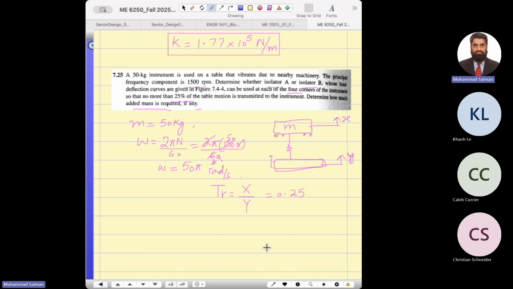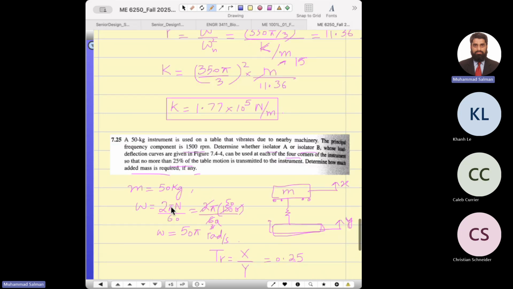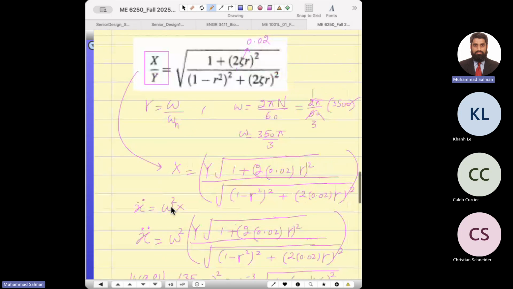So let's do this question. I would say first you find out what is this displacement transmissibility formula. So I will start from here.